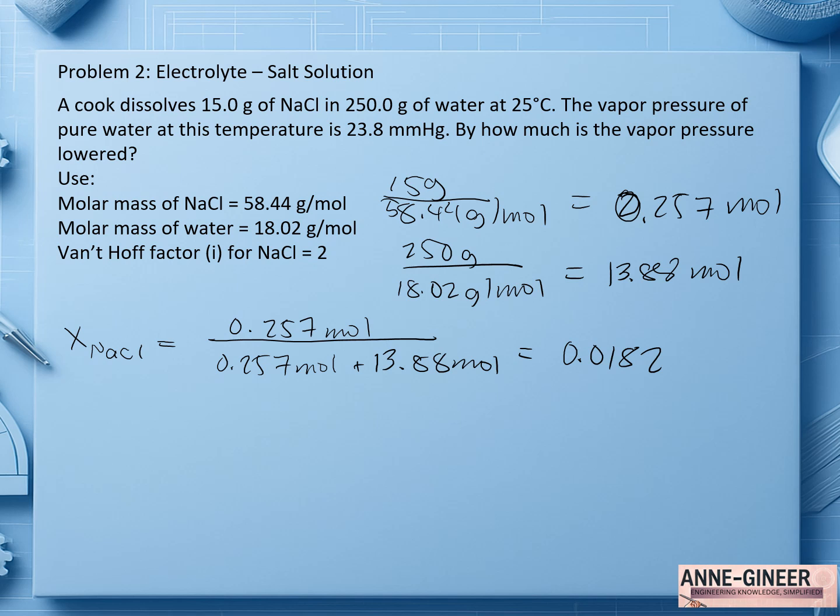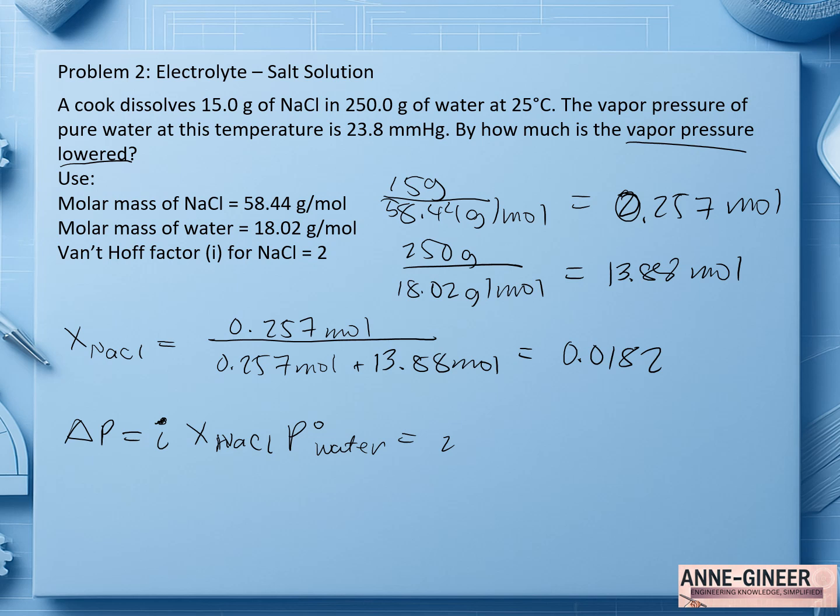So using Raoult's law for delta P, because the question asks for the vapor pressure lowering, we also involve here the Van't Hoff factor times the mole fraction of NaCl times P naught of water.